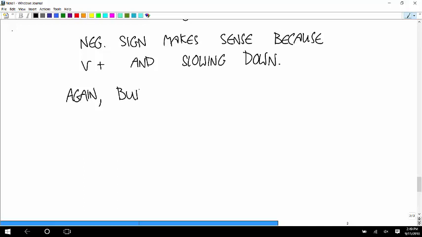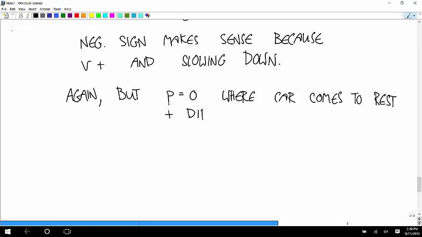So this time, our position equals 0 is going to be the location where the car comes to rest, and our positive direction is going to be opposite the car's motion.